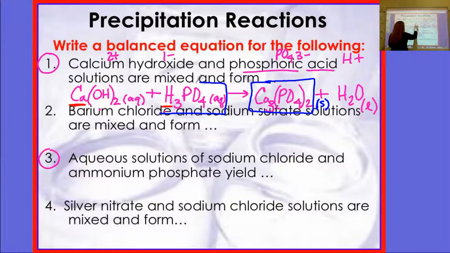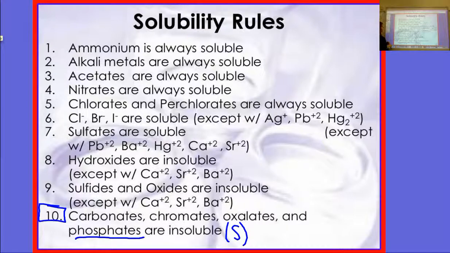Why, since it said phosphates are always a solid, did it not form a solid here? This said it was a solution. If you go back, alkali metals, or anything in that first column, are always soluble. So hydrogen, since it's also in that first column, will also apply to this rule.